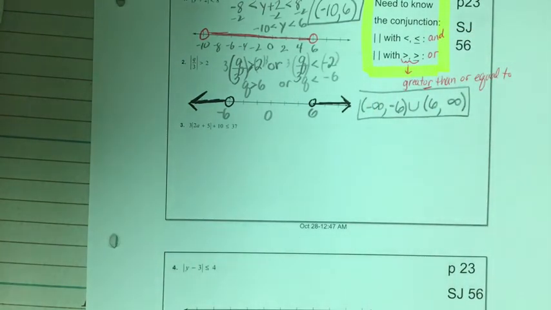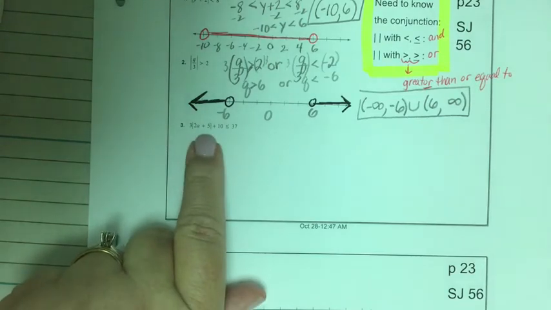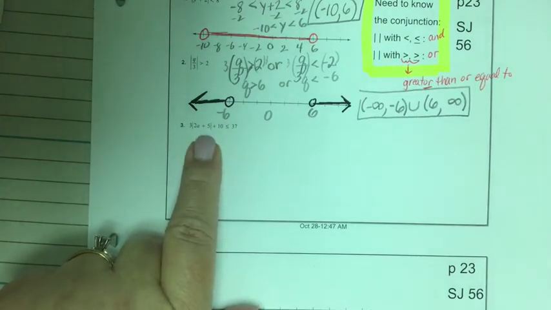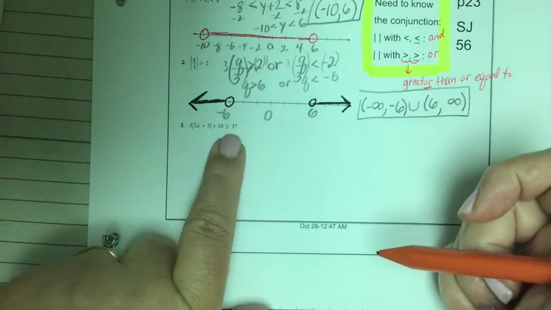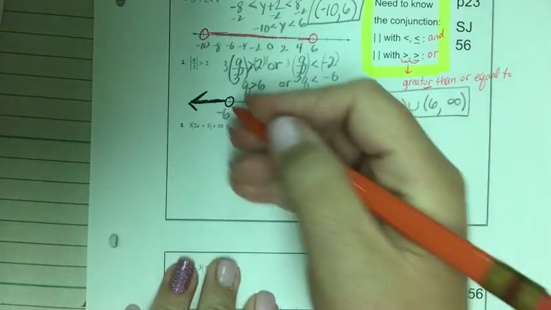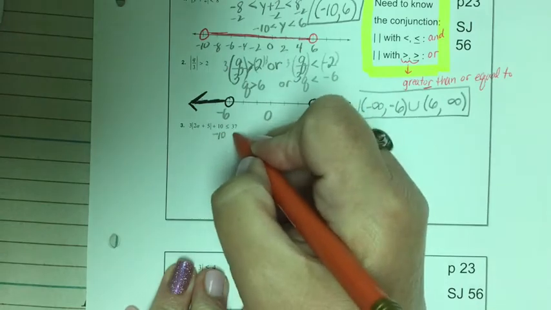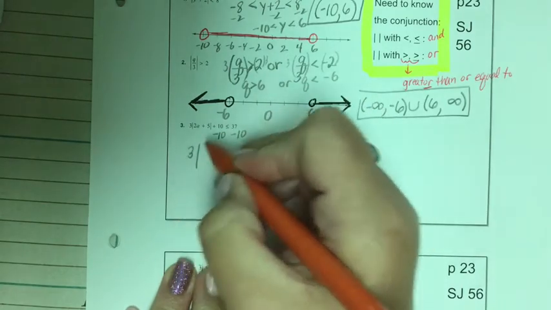Looking at question 3, don't decide your conjunction yet because my absolute value is not alone, so my maneuvering to get it alone may actually make me flip this inequality over. So don't decide until you get your absolute value alone.